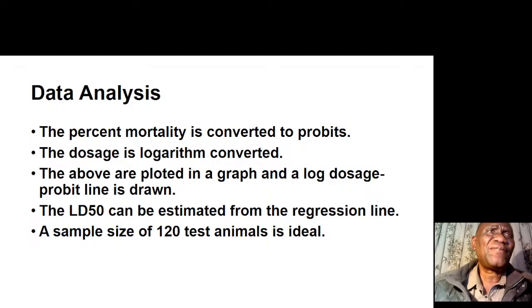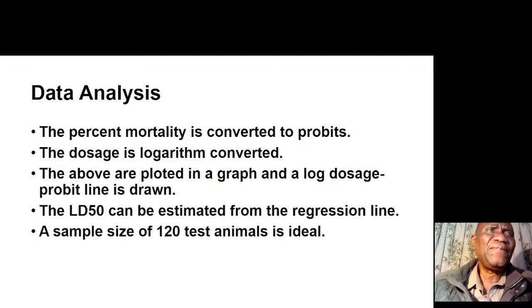The above are plotted in a graph, and a log dosage probit line is drawn. So on your graph, on the x-axis you have the log of your concentration, and on the y-axis you have the probit values which are obtained from the percentage mortality.